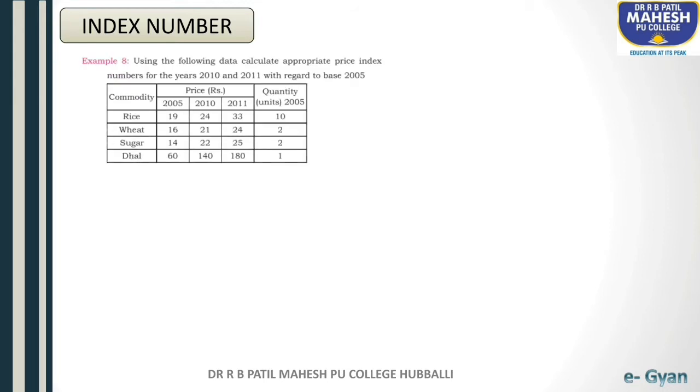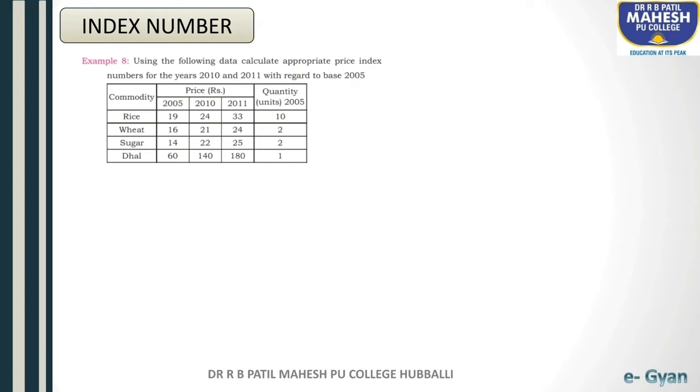Using the following data, calculate appropriate price index numbers for the years 2010 and 2011 with regard to base 2005. See here, in the first column commodity is given, then price of 2005, price of 2010, price of 2011, and the last column quantity of 2005.